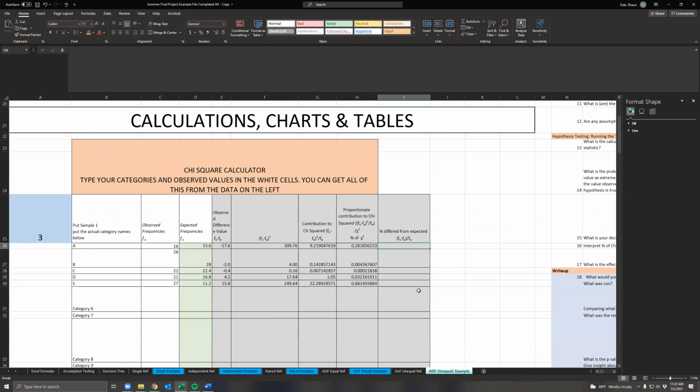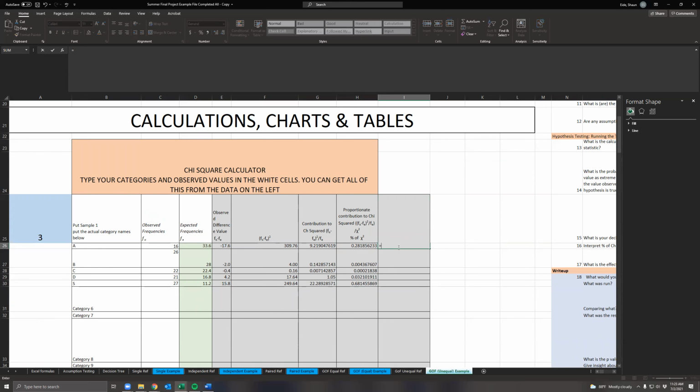And so we've got how much they contributed to chi-squared, and now we've got the percent that they differed from expected.